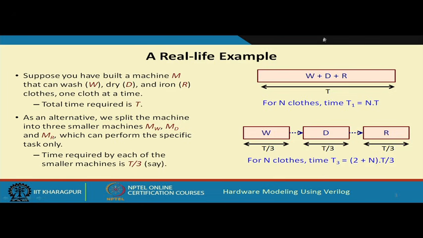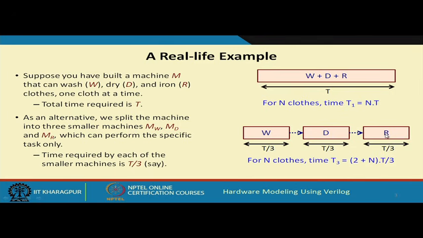Well, let us now do this. Let us divide this machine into 3 smaller machines, one which can only wash, second which can only dry, third which can only iron. Now you can argue that because we have divided the functionality and there is very little overlap, the total cost does not increase appreciably.